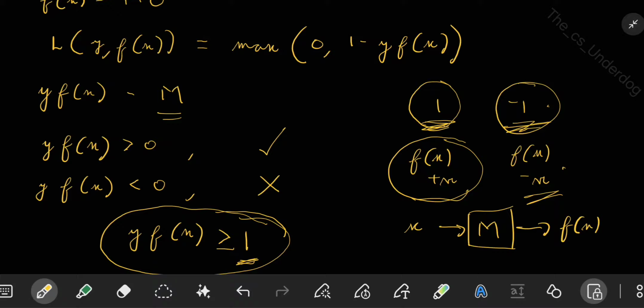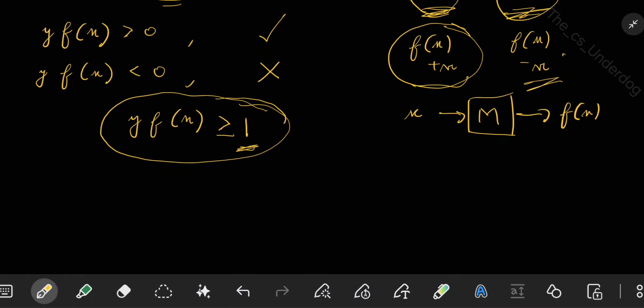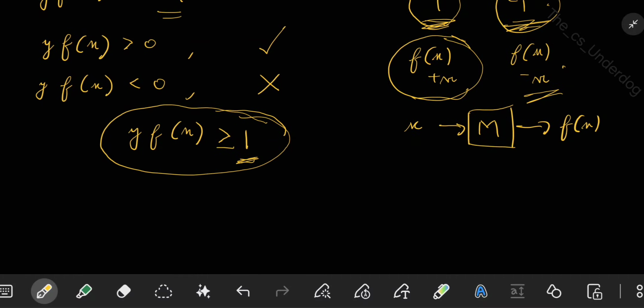Next question is, how are you going to enforce this? So basically you have to understand, even if your classification is correct, even as y into f of x is greater than 0, still your hinge loss is going to penalize. Even though you are correct, you are going to be penalized till the point you make sure that you are correct by a considerable margin.